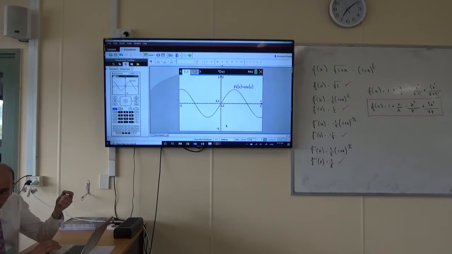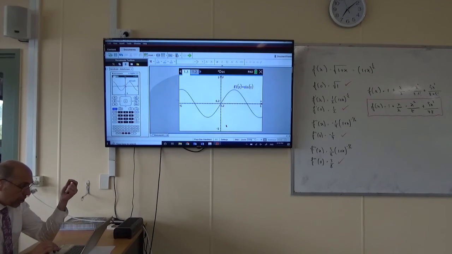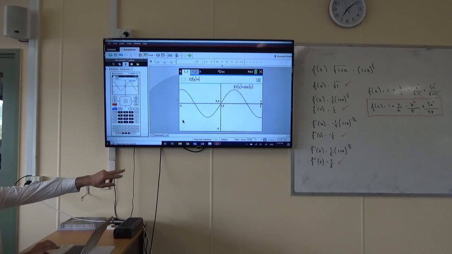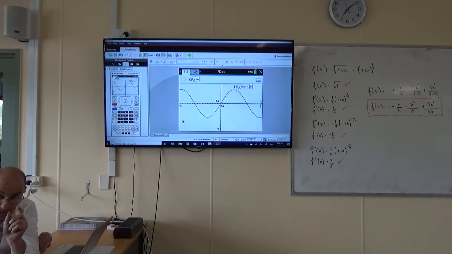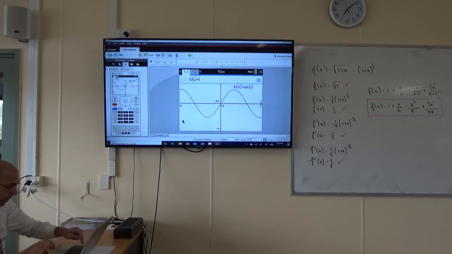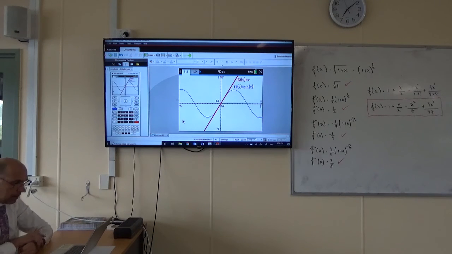Okay, let's quickly show you what would happen. Let's put in just the first one. If I was to use one term of a Maclaurin series for sine x, what is it? x, very good, thank you. How accurate is this?